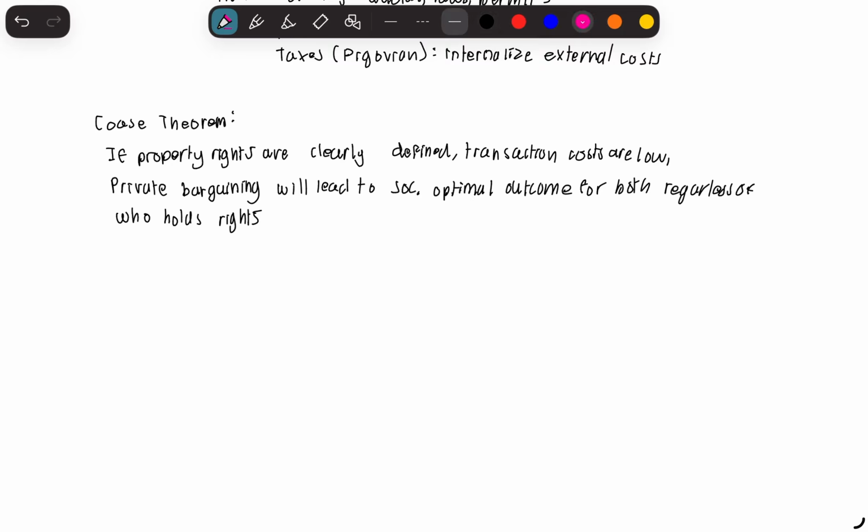Your first is the clear property rights. You also have transaction costs that are low, and you also have few parties, which means easy negotiation.